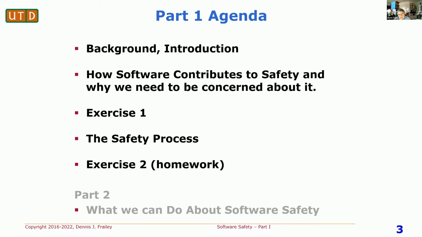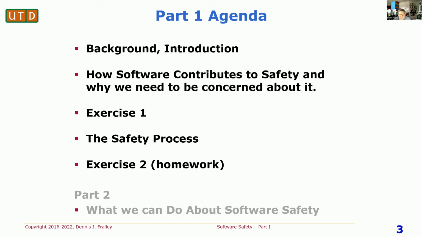Then after the break today, we will have a discussion of the safety process, the overall process for how organizations deal with safety. And then we will have the introduction to exercise two, which you will do as homework.